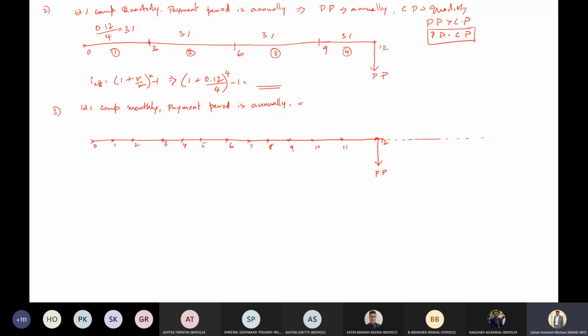Okay, so I believe that you guys are clear with the previous calculation of effective interest rate.